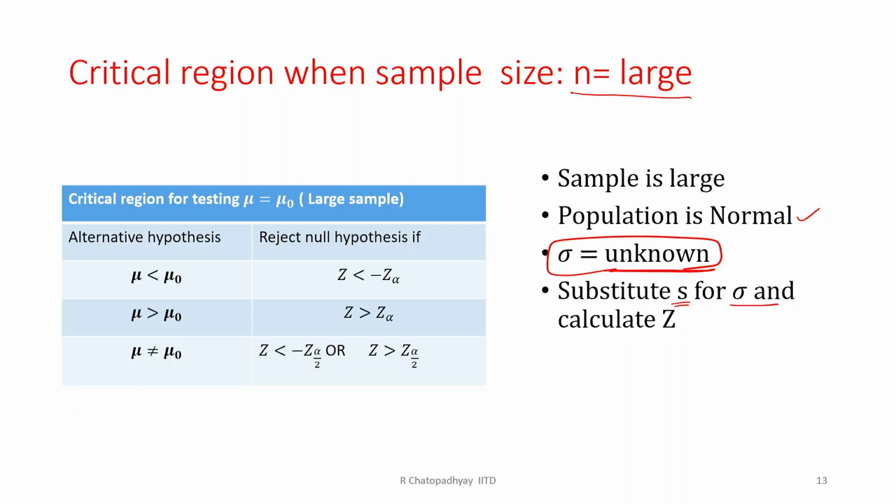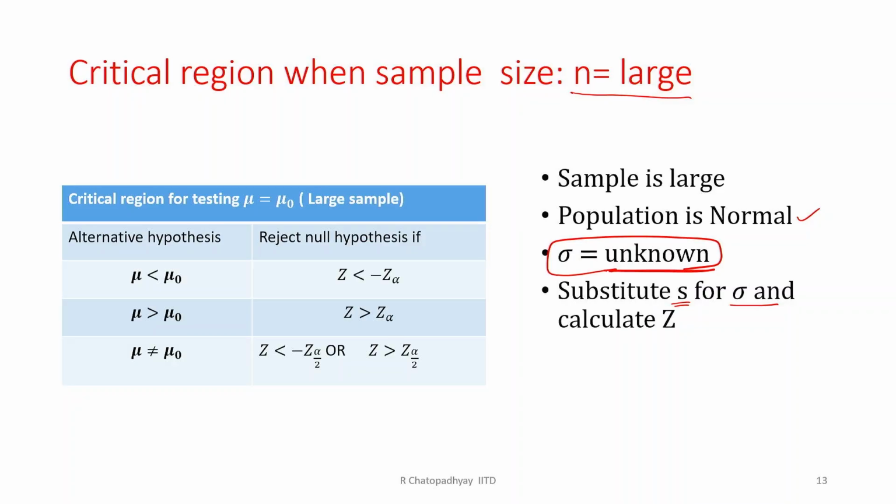N large is not an assumption, but population is normal is an assumption. N large means n has to be greater than or equal to 30. That is considered to be a large sample size, when n goes 30 and above. When n is less than that, it is considered to be not large.